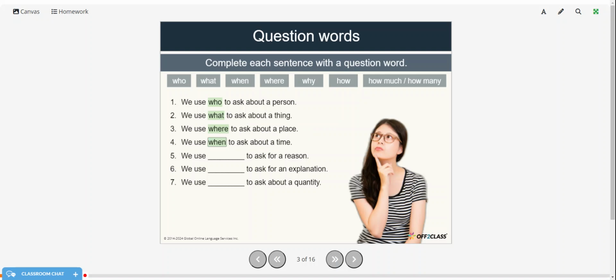We use when to ask about a time. We use why to ask for a reason. We use how to ask for an explanation, and we use how much or how many to ask about a quantity.